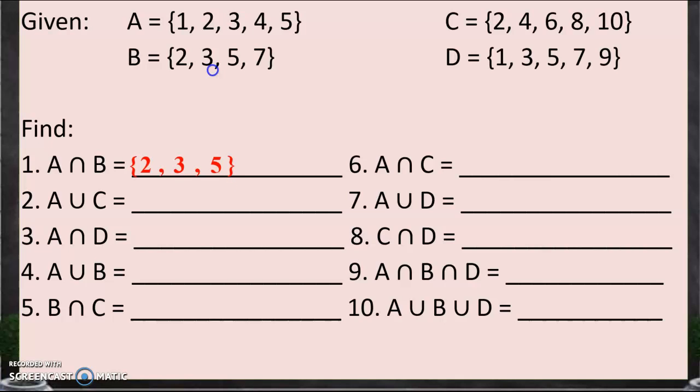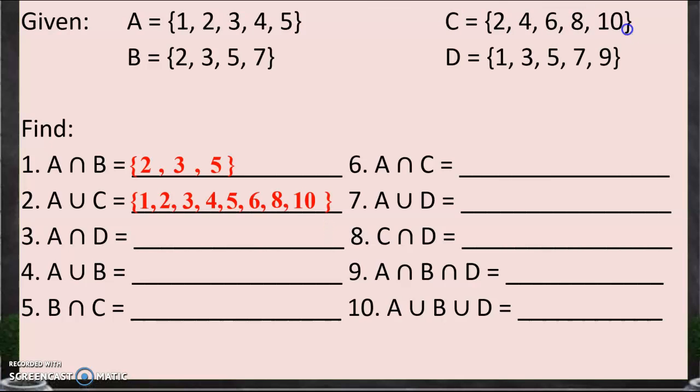Next, number 2. It is union. The union of sets A and C. So you will just list all the elements involved. So it is 1, 2, 3, 4, 5, then 6, 8, 10.